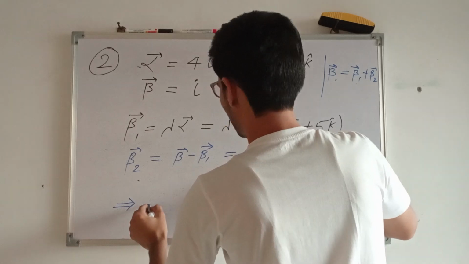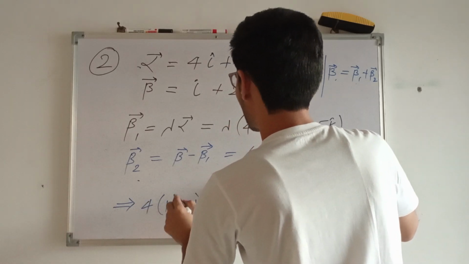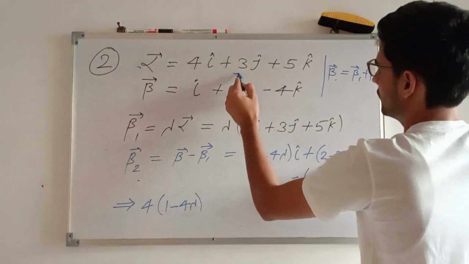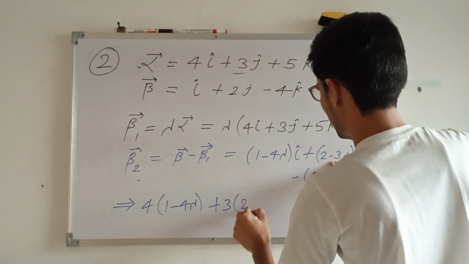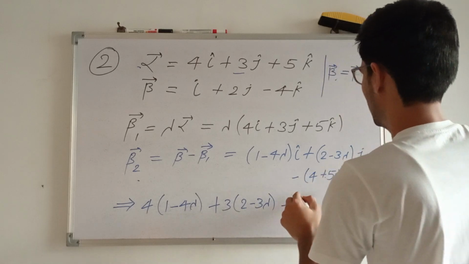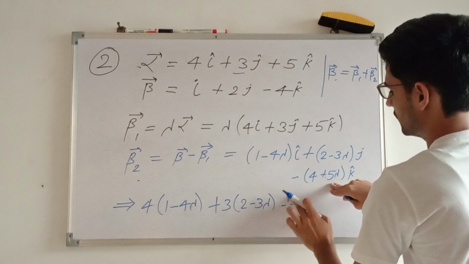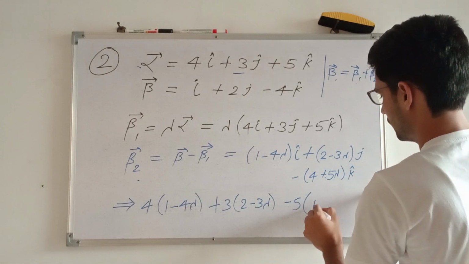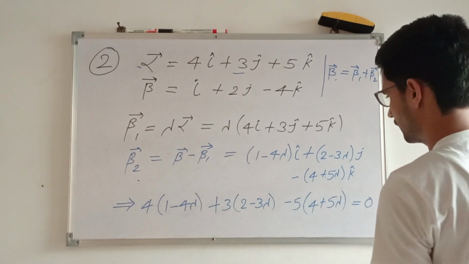Multiplying them, we will get 4 into (1 minus 4 lambda). This is j component, this is j component, 3 into (2 minus 3 lambda), plus this is k component, this is k component, so it is minus outside, so it will become minus 5 into (4 plus 5 lambda) is equal to 0.